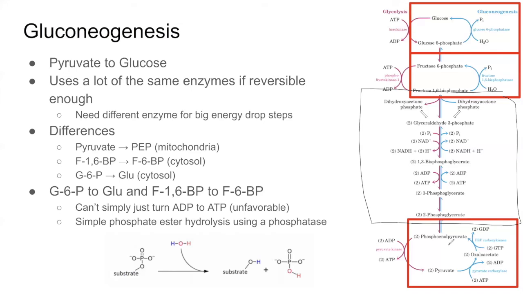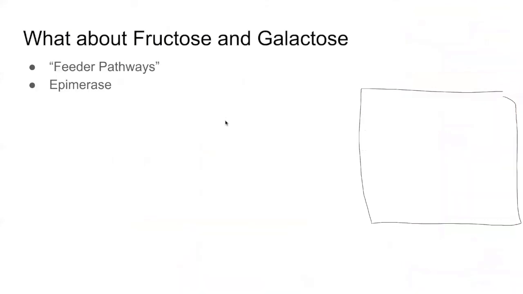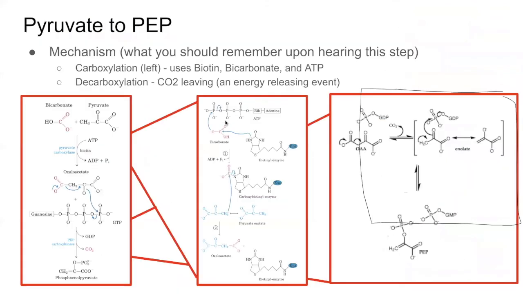The reason why these three need a different enzyme is because these are the three irreversible steps of glycolysis. So we'll cover that in depth in the next recitation, and we'll go over the pathways for those, which involve this mechanism.